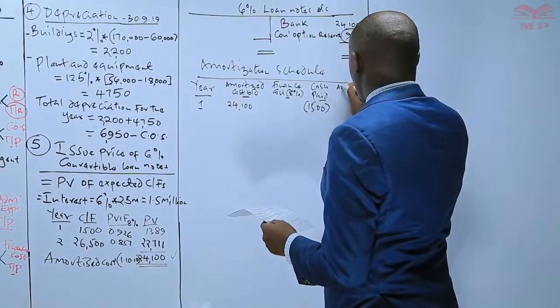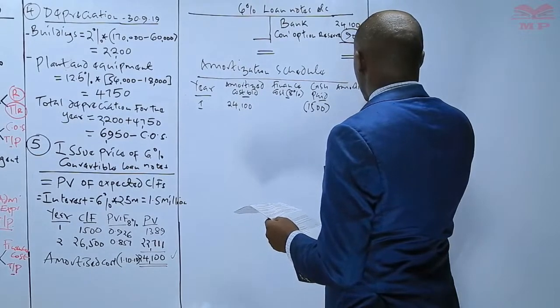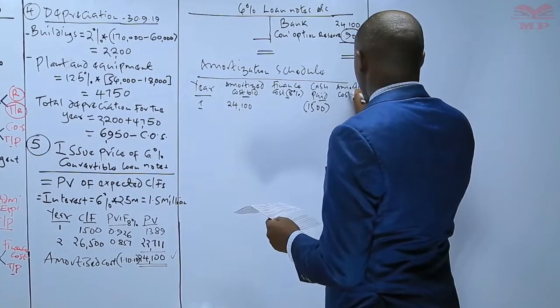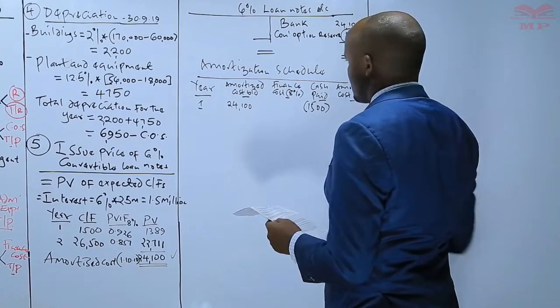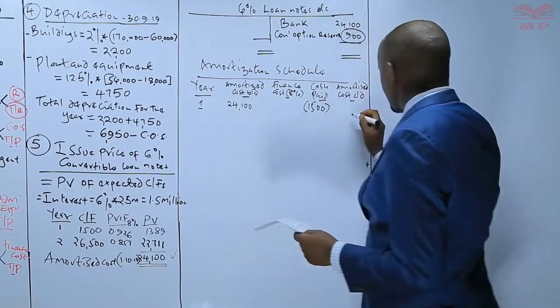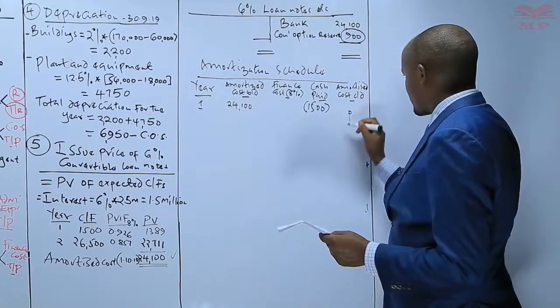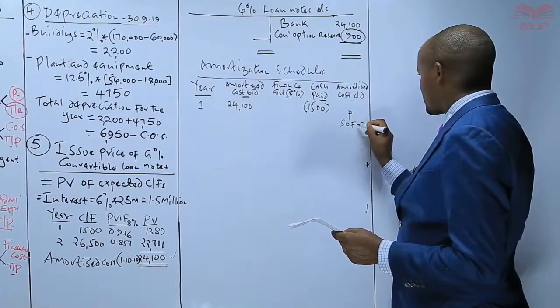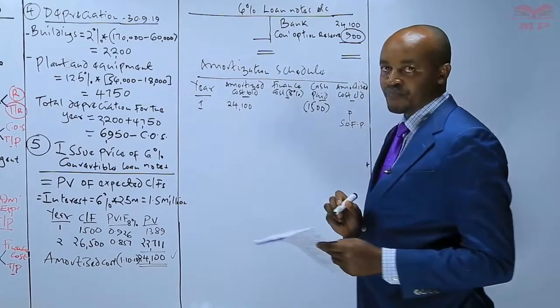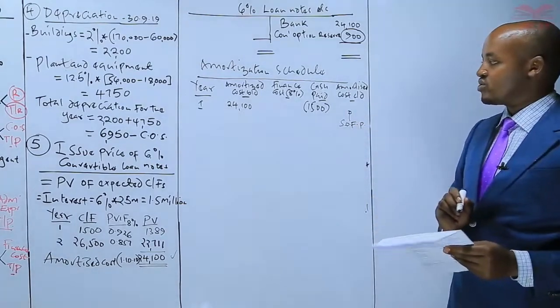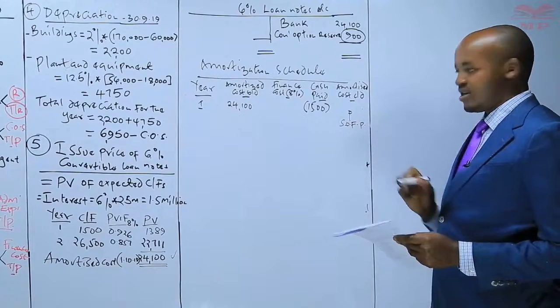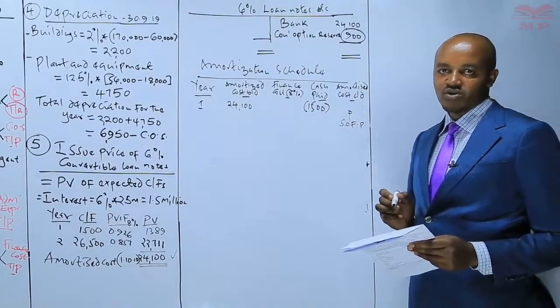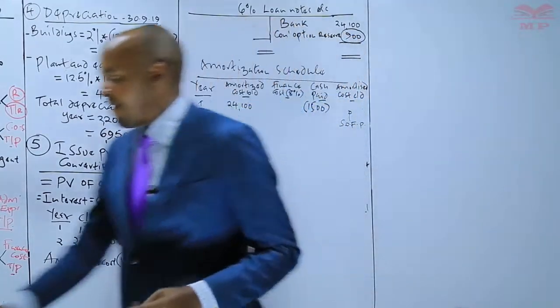And then finally, we need to have the amortized cost at the end of the year. This amortized cost at the end of the year is the figure which will be taken to the statement of financial position, so this 6% loan note will be reported at that value. So let's compute that amount.